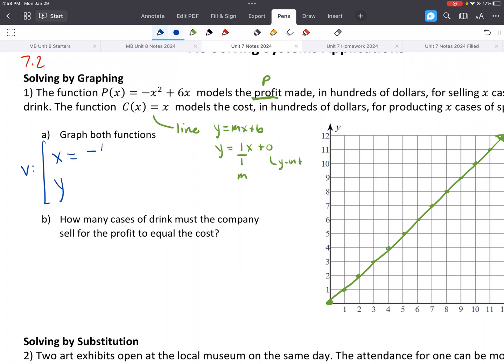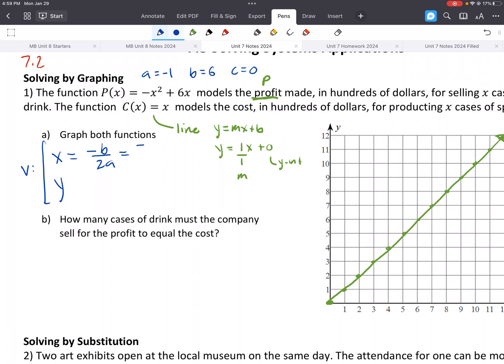X is always negative b over 2a, at least for standard form, which all of our equations have been in for this unit. Again, a is negative 1 and b is 6. If you wanted it, you would know that c is 0. That's the y-intercept for the parabola.